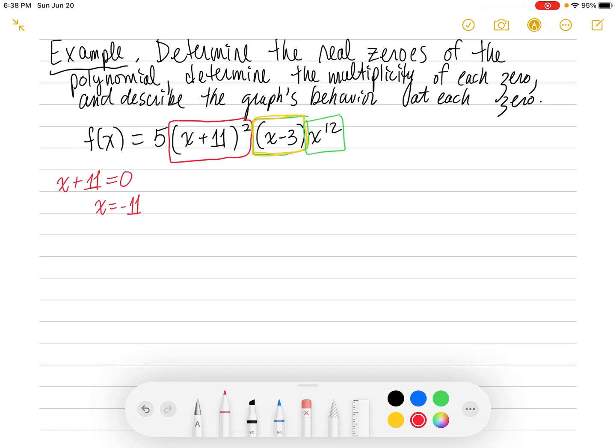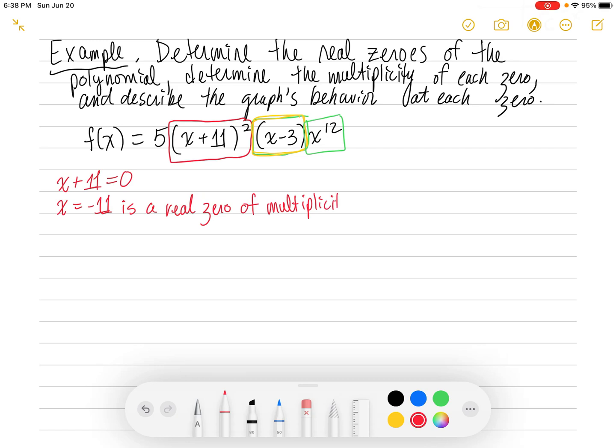X equals minus 11 is going to be a real 0, or an x-intercept, of multiplicity.